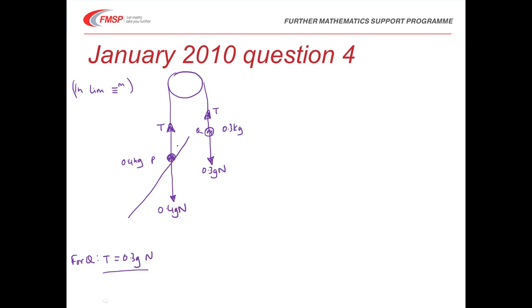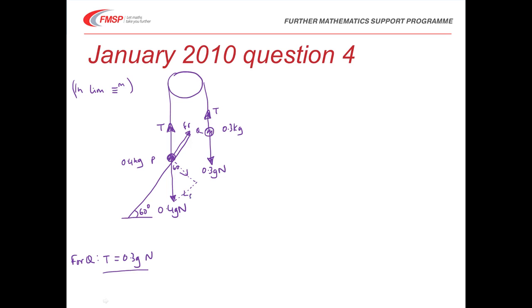So let's see what else is acting. We have friction up the plane here. And we have an angle of 60 degrees, so it's quite steep. And let's resolve this weight force into components perpendicular to the plane and parallel to the plane. Well, if this angle is 60, then the angle in here is also 60.